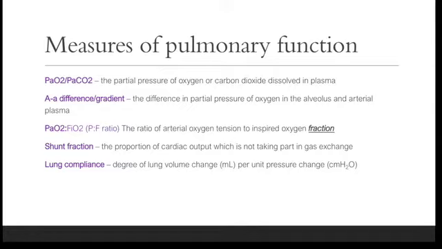In the later paper, they will mention shunt fraction, and that is the proportion of the cardiac output which is not taking part in gas exchange. And finally, those first four are to do with gas exchange, and this fifth term, lung compliance, is how easily the lung expands. So it's the degree of lung volume change per unit of pressure change.